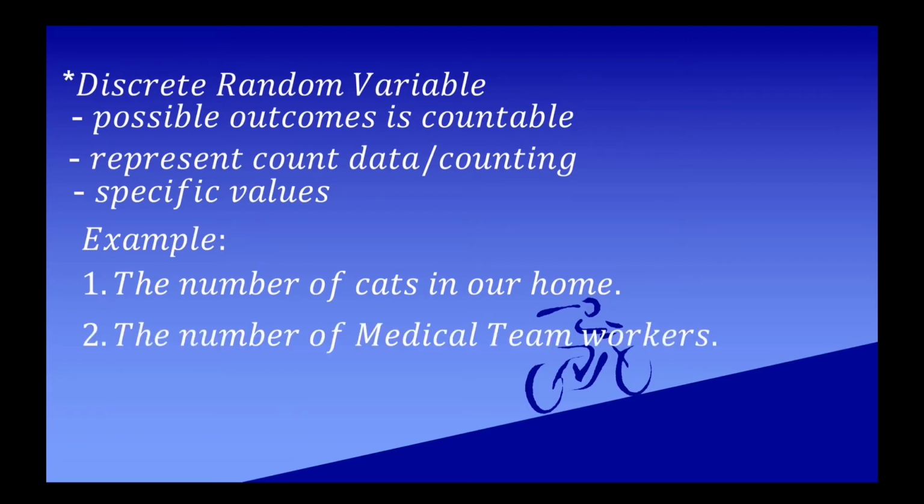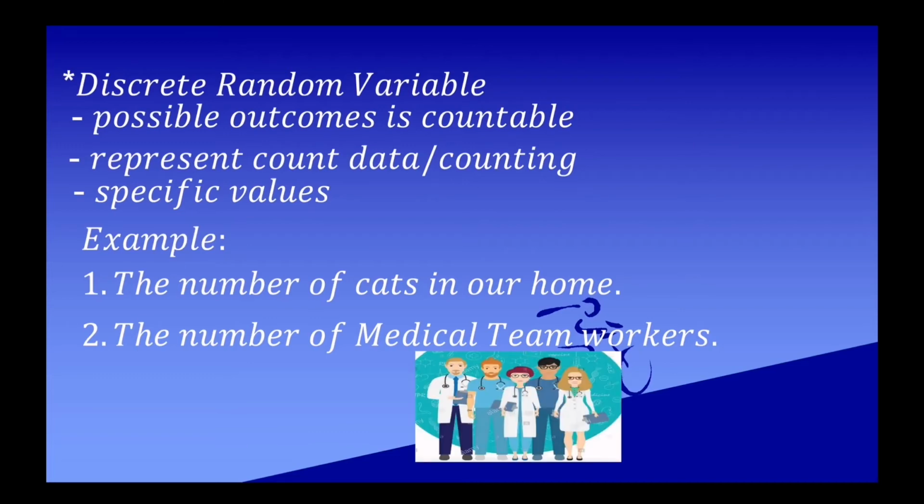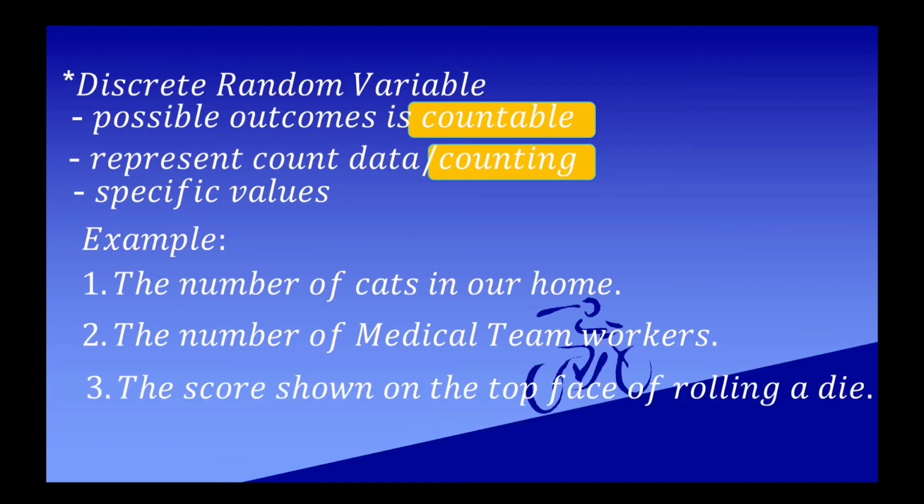For example number 2, the number of medical team workers. In this example, the possible outcomes, a group of medical team, is countable, and the value is obtained by counting. And we also have specific values for this group.